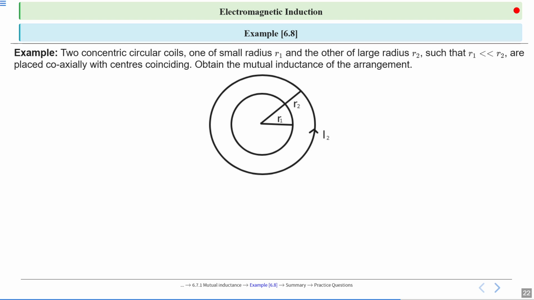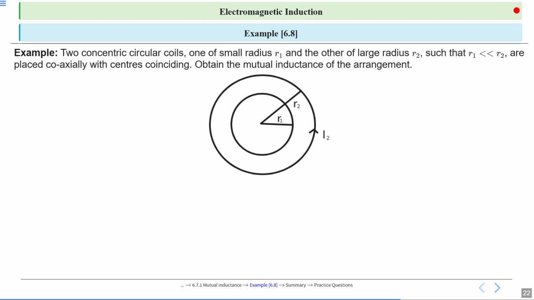such that R1 is much smaller than R2, are placed coaxially with centers coinciding. Obtain the mutual inductance of the arrangement. Why are we taking R1 much less than R2? So that the magnetic field through R1 will be uniform.